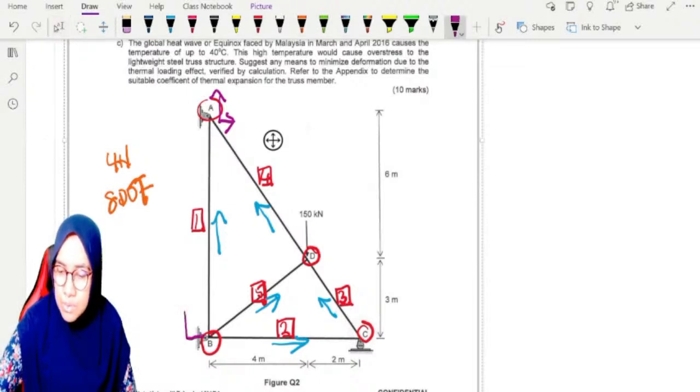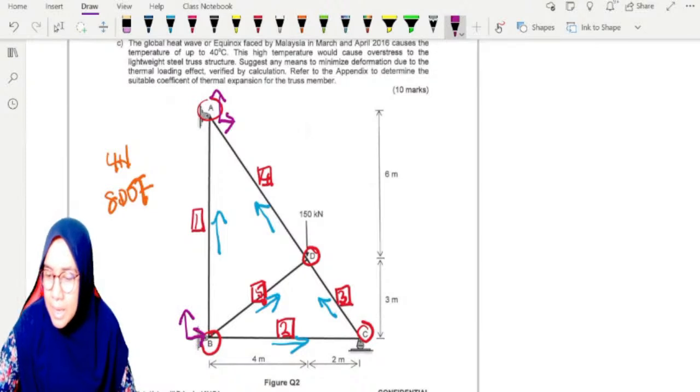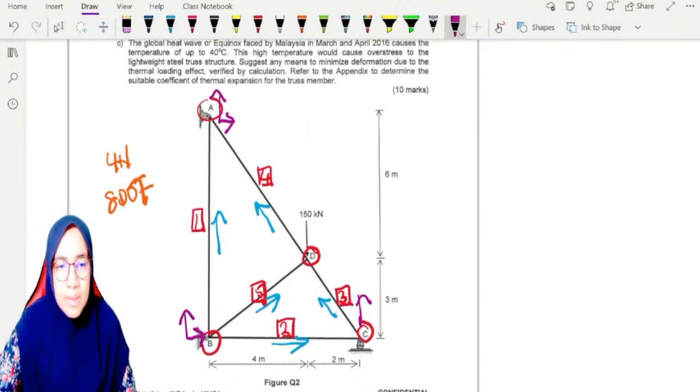So we put here also 2. And we have a roller at C, so this is the direction. We follow the roller condition, the roller position, when we put the degree of freedom at the roller at C.